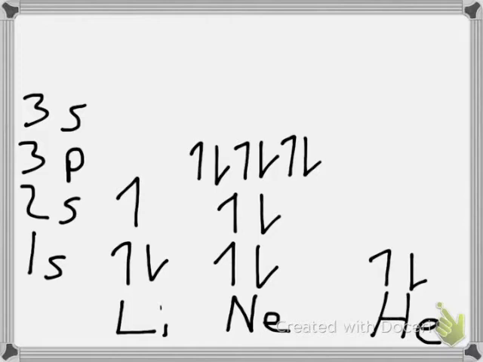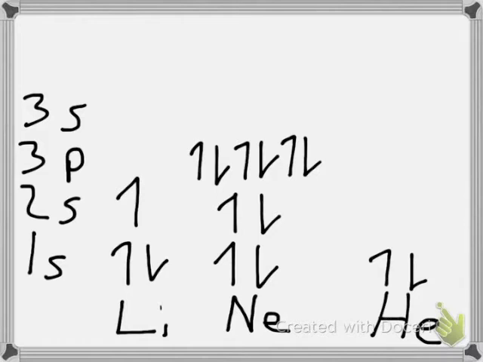Let's look at the electron configuration for lithium. Lithium has 3 electrons. On the left side here you have the 1s, 2s, 3p, and 3s orbitals. So it has 3 electrons, meaning that it has 1 electron in its 2s orbital.